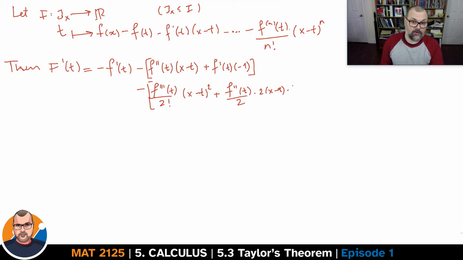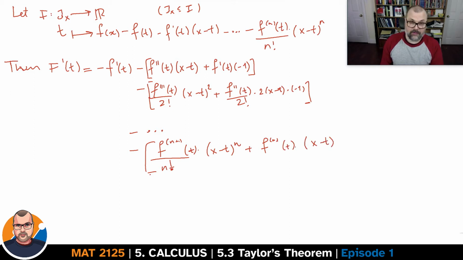Bring down the exponent, use the chain rule, multiply by minus 1 times the initial term, f double prime divided by 2 factorial, and so forth until we get the very last term, the (n plus 1)th derivative at t divided by n factorial times (x minus t) to the n, plus the nth derivative at t times (x minus t) to the n minus 1 times n.